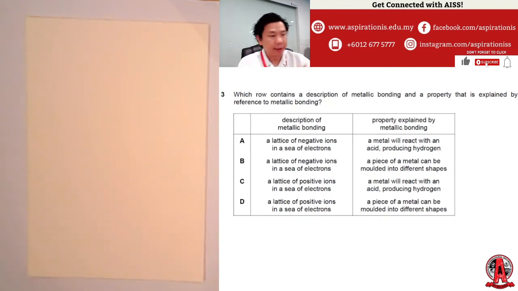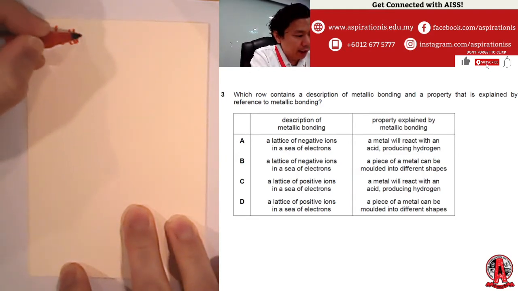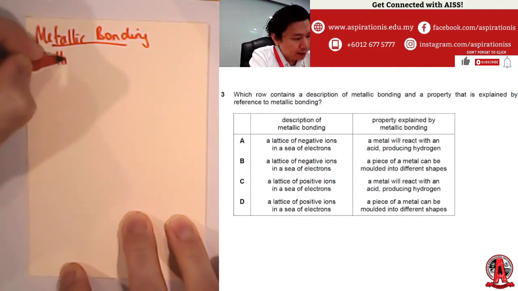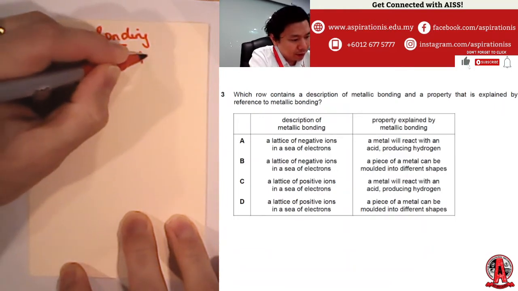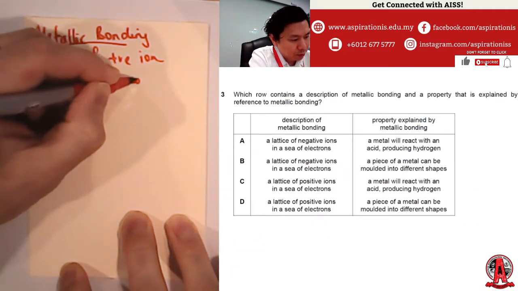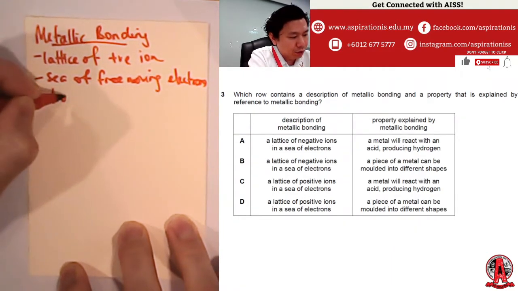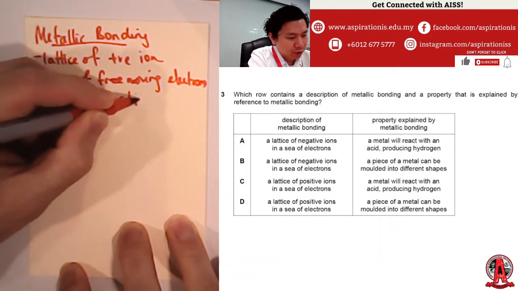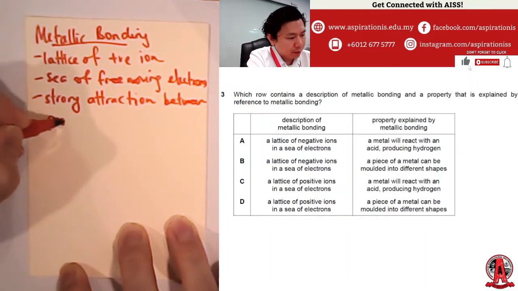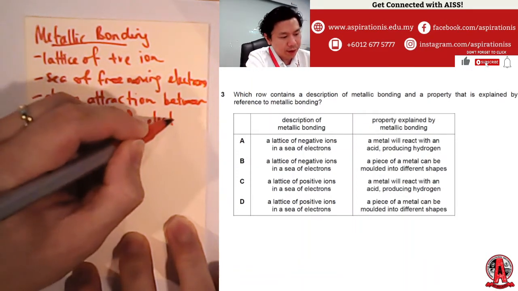The definition and explanation of metallic bonding: you have a lattice of positive ions in a sea of free moving electrons, and there is strong attraction between the positive ions and the electrons.